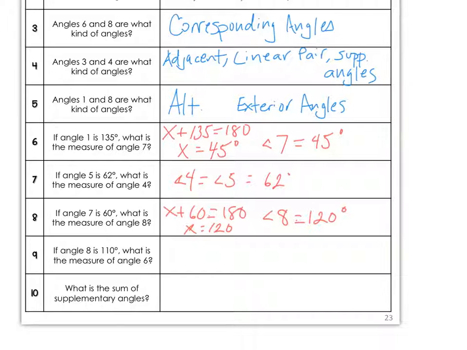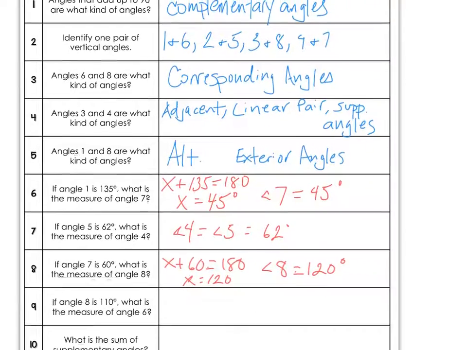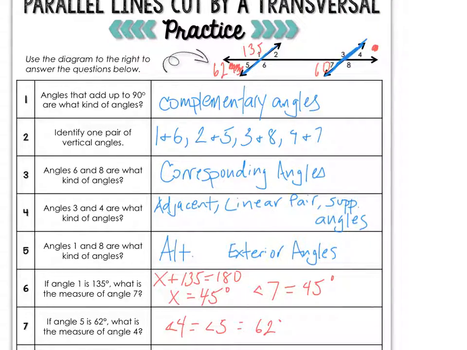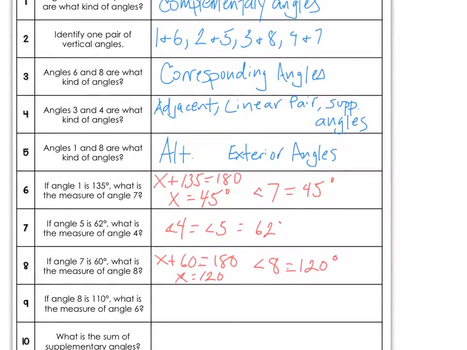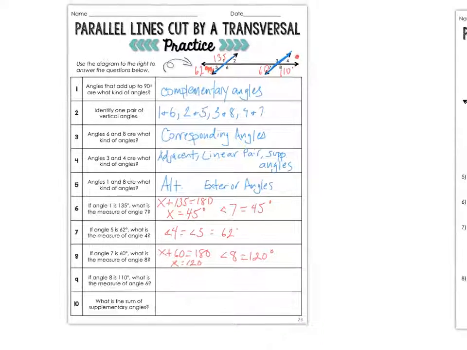Okay, once again, now it's changing angle 8 on us, guys. It says, if angle 8 is 110 degrees, what's the measure of angle 6? So if angle 8 is 110, let's write that in. Angle 8 is 110. What's the measure of angle 6? Let's just shrink this so I can keep doing that.